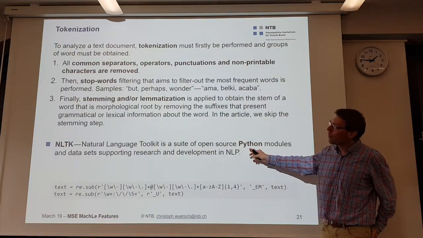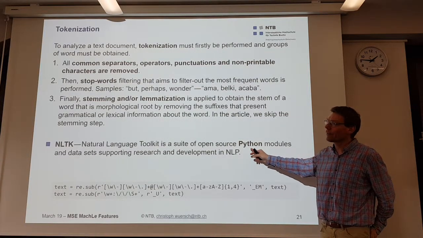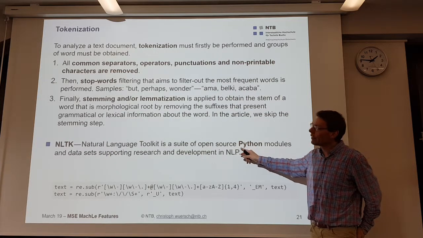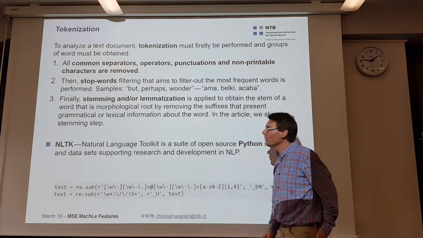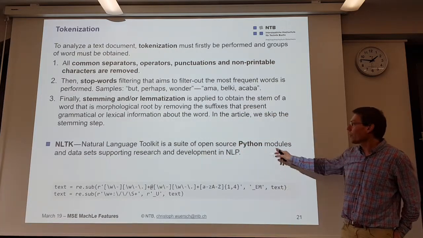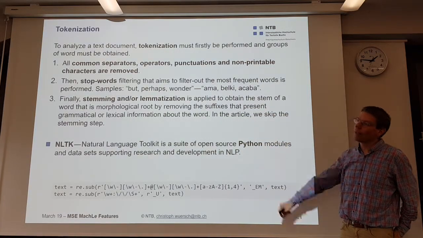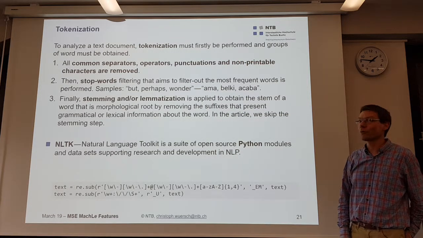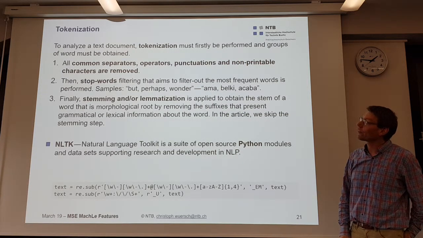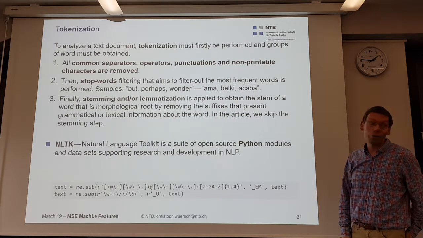There's a powerful toolkit in Scikit-learn, or no, NLTK, it's a separate toolkit, Natural Language Toolkit, open source, and it supplies all these operators for doing lemmatization, stemming, or tokenization.